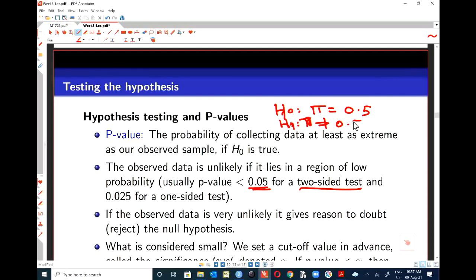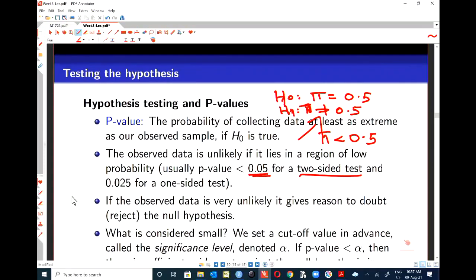In other words, my extreme data can be either too big or too small. Usually we try, as much as possible, to look at the one-sided test. In other words, I have a particular direction that I'm interested in. I would rather have pi here as being less than 0.5. I know the direction I'm looking for a change in.